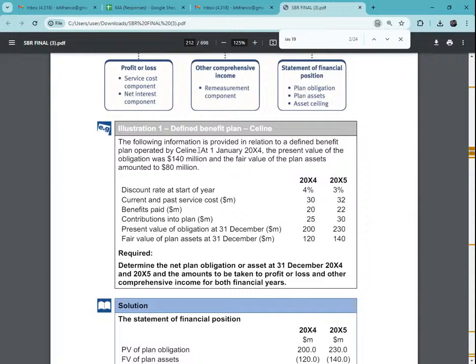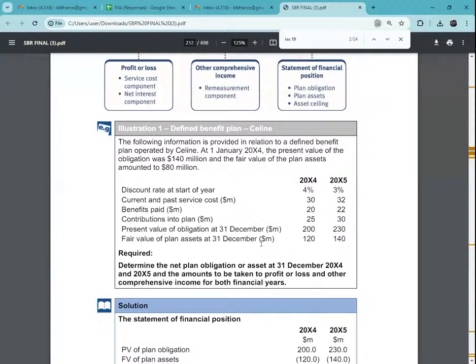You're told here the following information is provided in relation to a defined benefit plan operated by Celine. At 1st January 20x4, the present value of the obligation was 140, and the fair value of the plan assets amounted to 80. They've given us a discount rate at the start of the year, current and past service cost, benefits paid, contributions into the plan, present value of obligation, and fair value of plan assets.